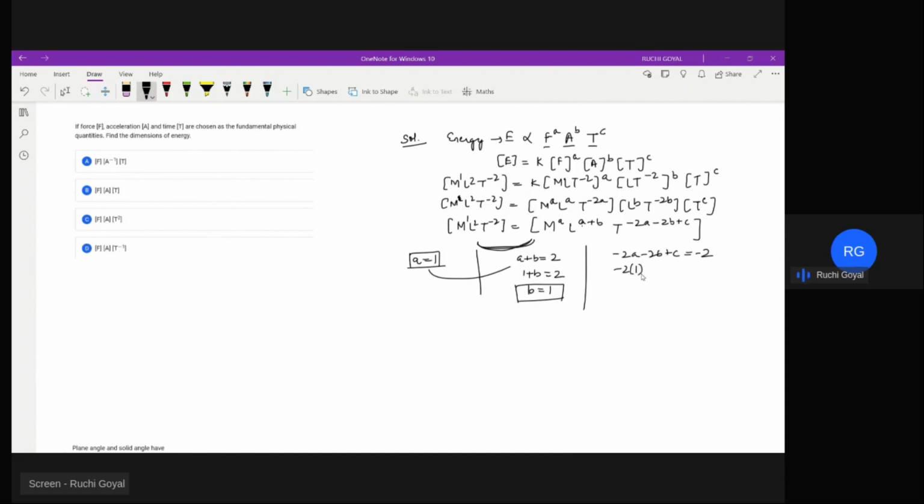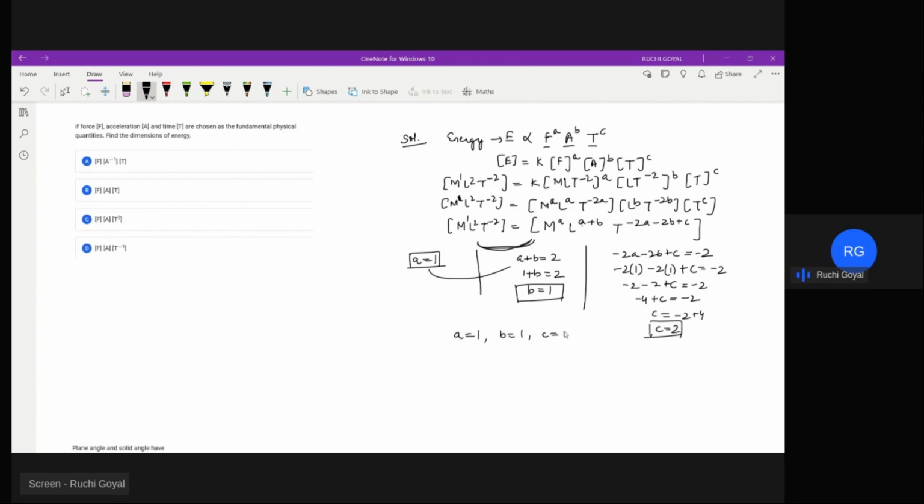Minus 2 into 1 minus 2 into 1 plus c is equal to minus 2. This is minus 4 plus c is equal to minus 2. c will be minus 2 plus 4. So what will be the c? c is 2 here.